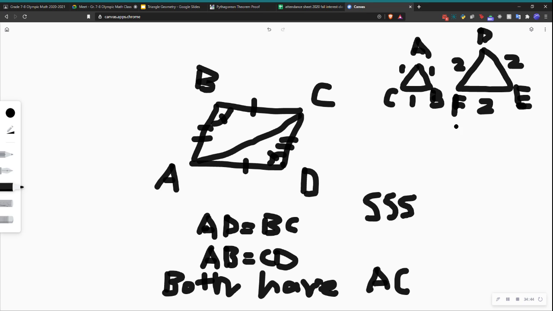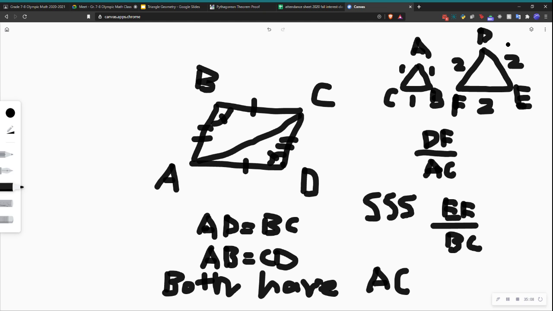All right, so what I mean by the ratios is you take DF, divide by its corresponding side, which is AC. And then the other ratios are EF divided by BC. And then the last one is DE divided by AB.